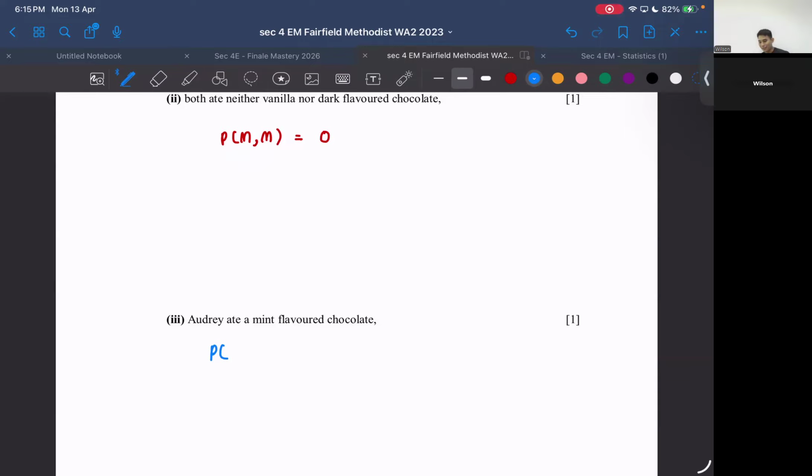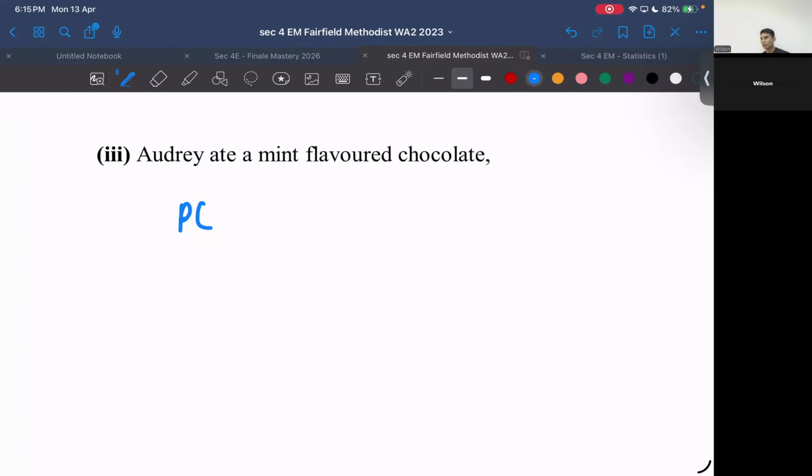So what is the probability that you ate a mint flavored chocolate? Okay, I'll give you one combination. Victor ate a vanilla and then you ate a mint, followed by dark and mint. Anything else? No more else, right? Mint and mint is 0. Yes, thank you very much. So in this case, vanilla and mint over here.